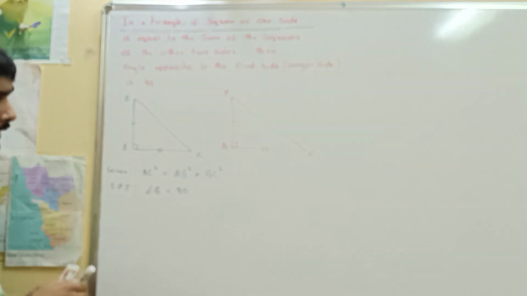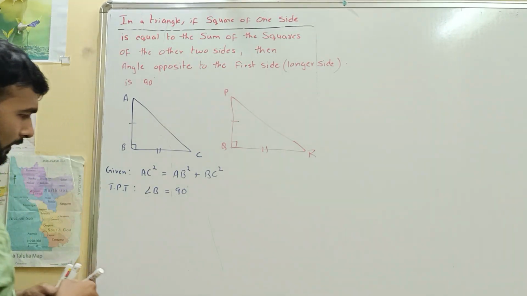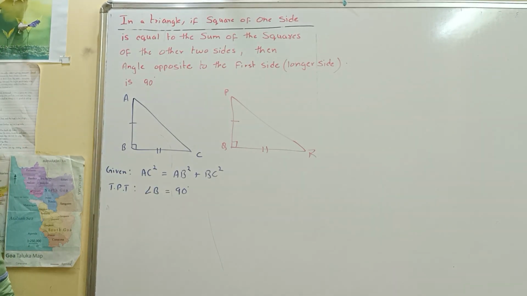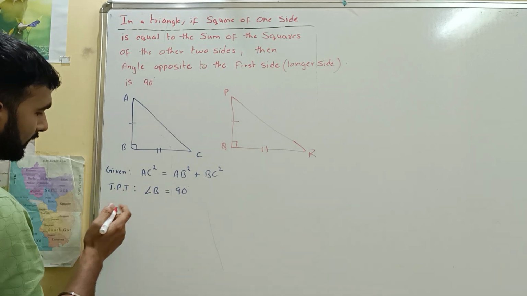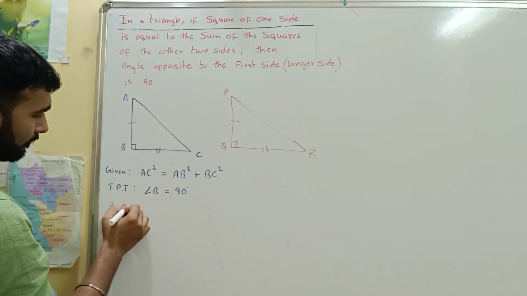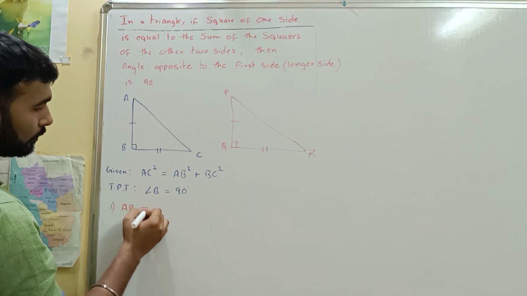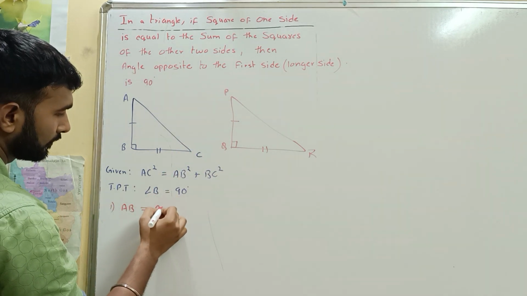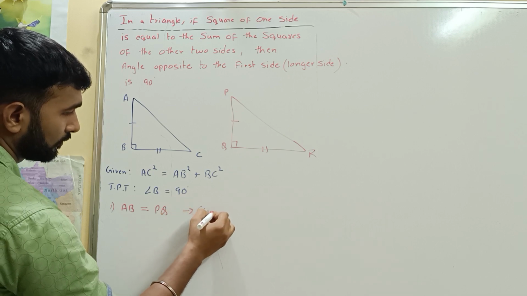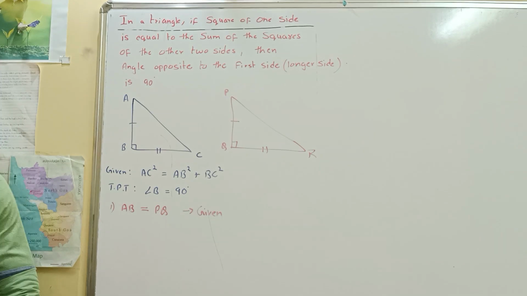So step number 1 we'll take: here I'll write AB is equal to PQ. We'll consider this as given. Okay.